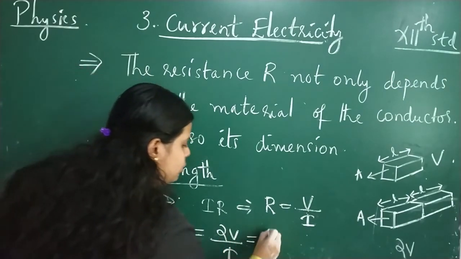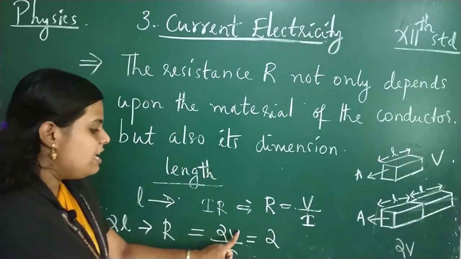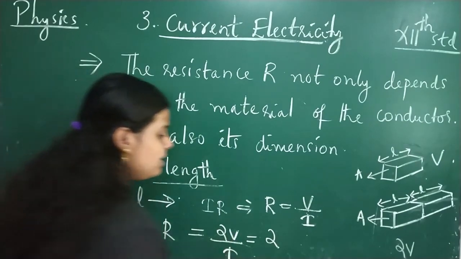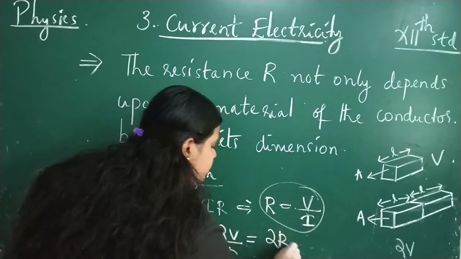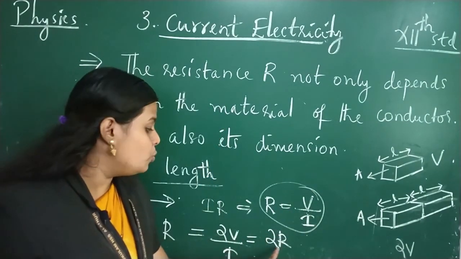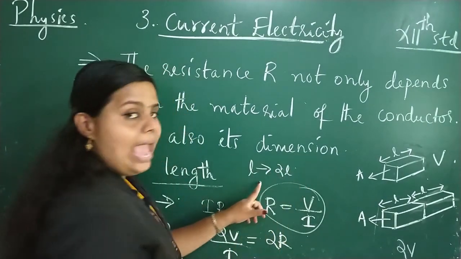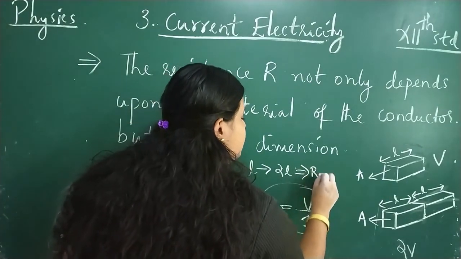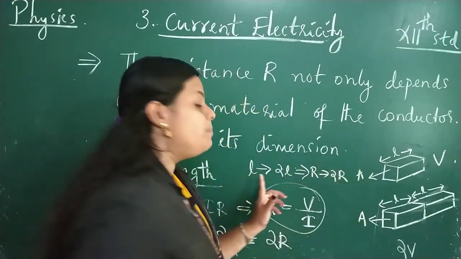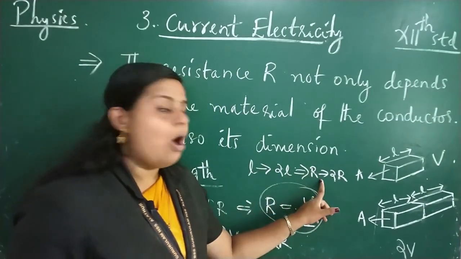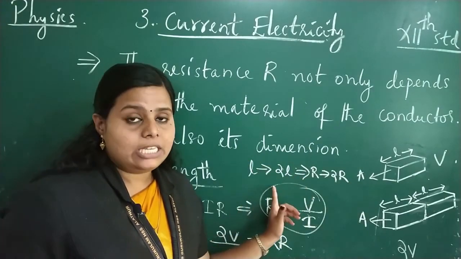So that is equal to 2 into V by I, and V by I is simply R. So resistance becomes 2R. So when length becomes 2L, resistance becomes 2R. So that is the dependence of resistance on length of the material of conductor.